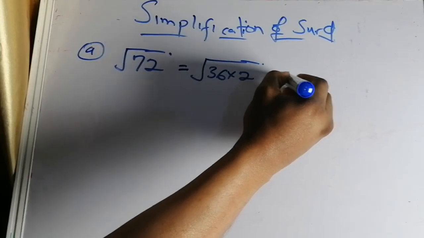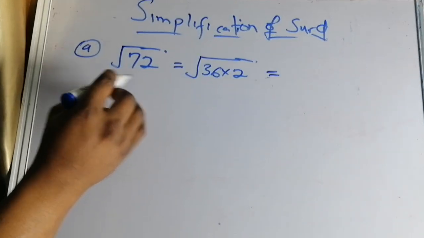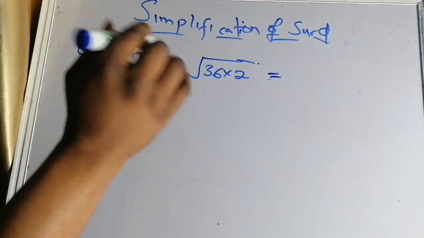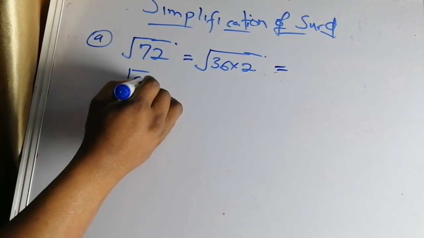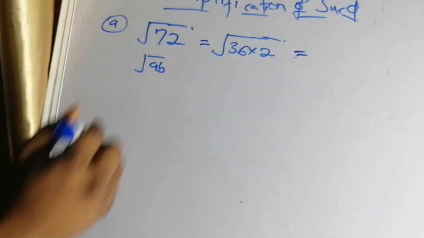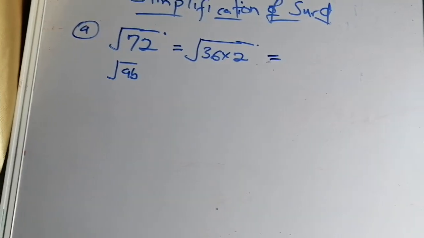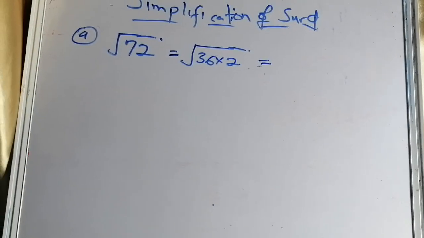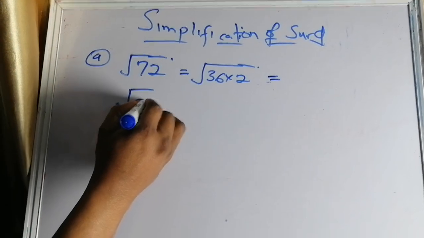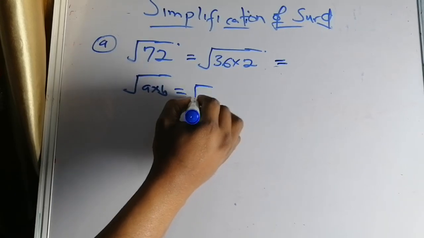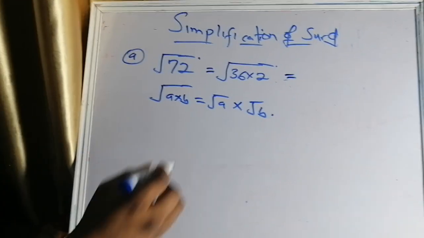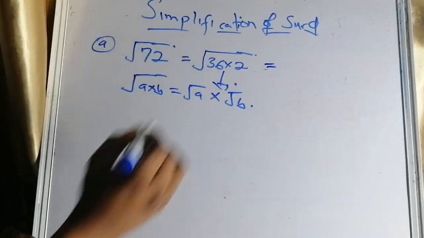From here, this is where multiplication of SURD applies. Don't forget that I said root of A times B is equal to root A times root B. Now if you look at this, it's the same thing here.